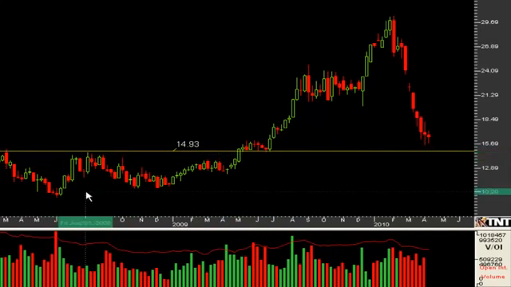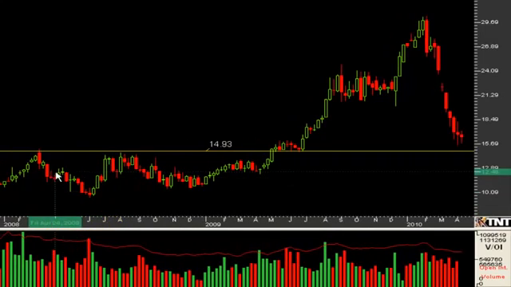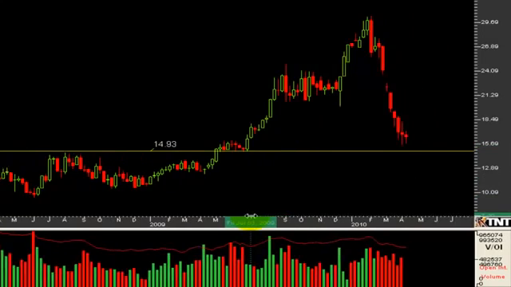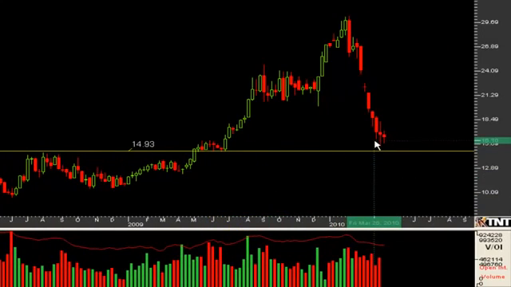We have old resistance back here from a couple, three years ago, and we have old support here from a year ago, and we are very, very close to this particular price level. In fact, close enough that we might consider getting a little bit bullish on this market. All right, so that's our long-term perspective.